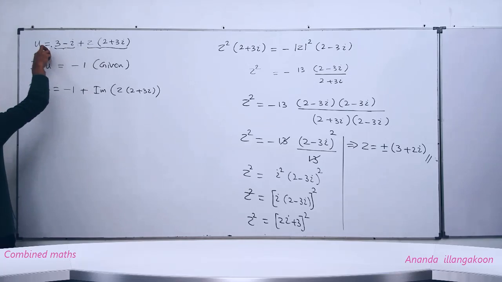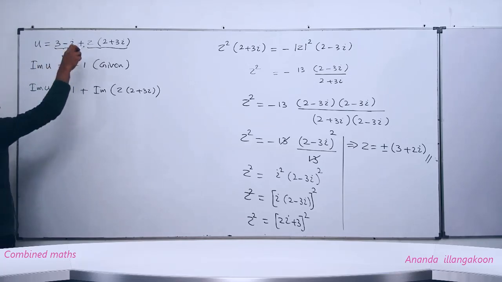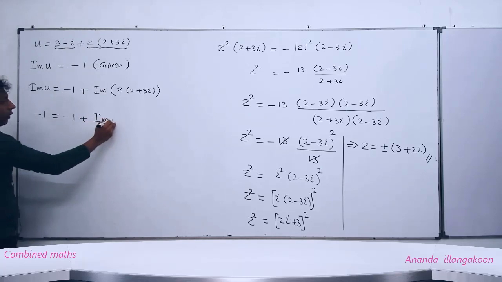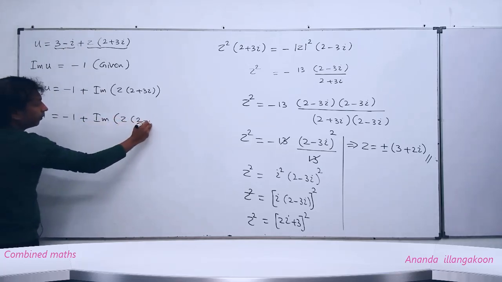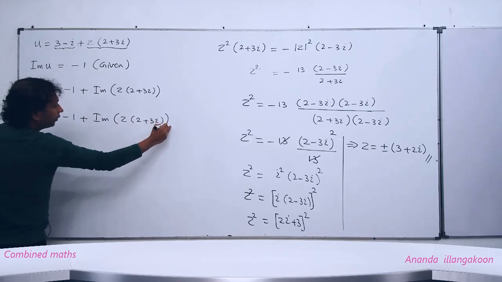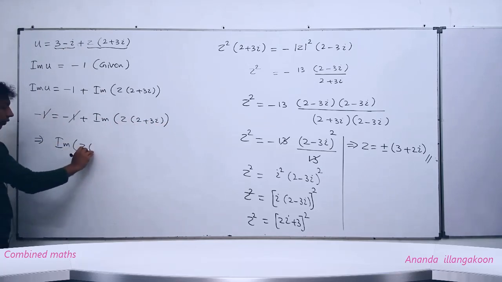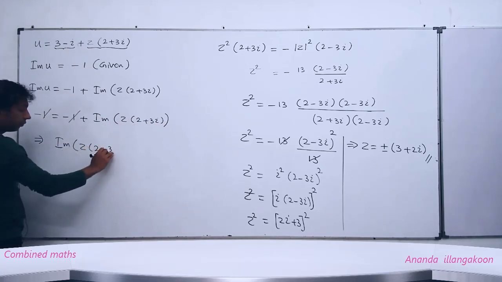Then the imaginary part of u means the imaginary part of this plus the imaginary part of this. So the imaginary part of u is minus 1. Then here minus 1, minus 1. This two you can cancel down. This implies, people, the imaginary part of z times (2 plus 3i) is 0.